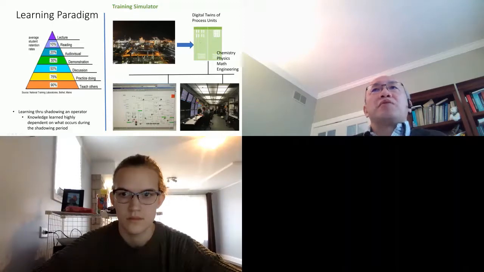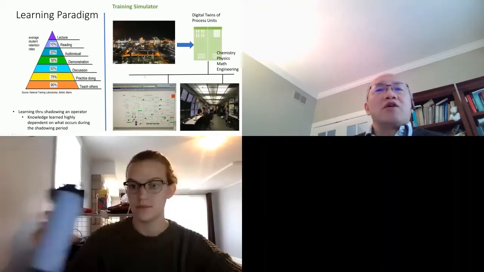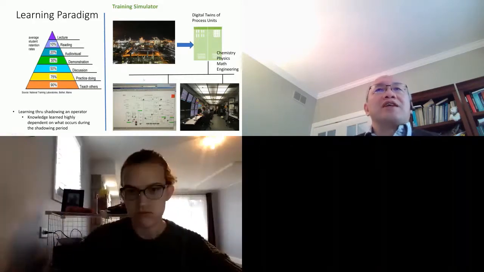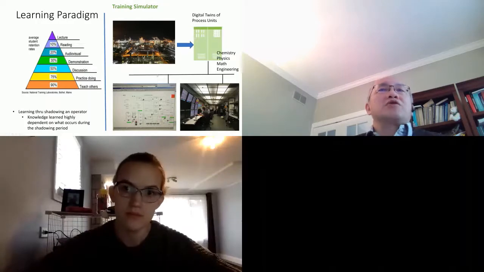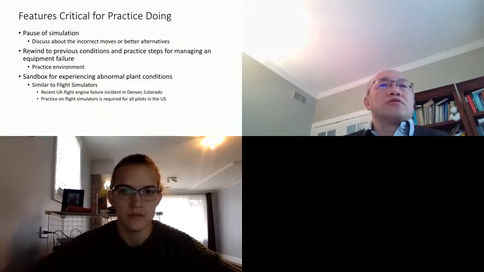So there is a lot of computing going on behind the scenes in creating this kind of training environment that allows the trainees to practice what they learn during the training in a sandbox, essentially. And what are the key things that allow us to make this environment available to all trainees?